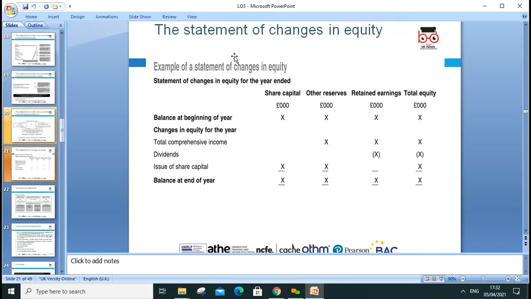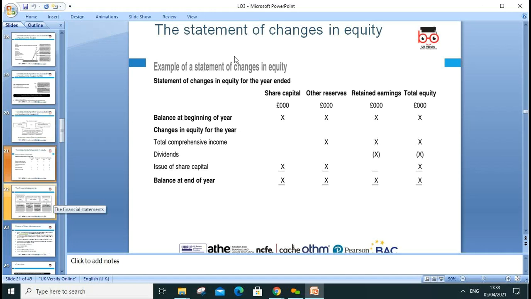So we can say how much was the start of the year share capital, reserve, retained earnings, total equity, and how much other comprehensive income we had during the year. And then if we paid a dividend, we deduct the dividend, and we can calculate this way. So this way we can calculate the total at the end of the year, how much the equity is worth.